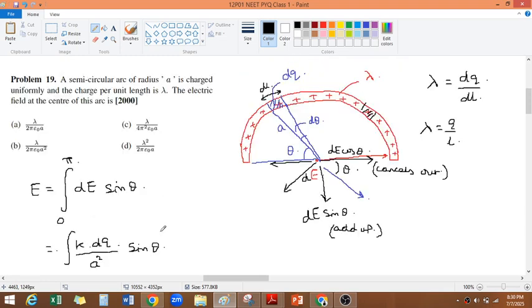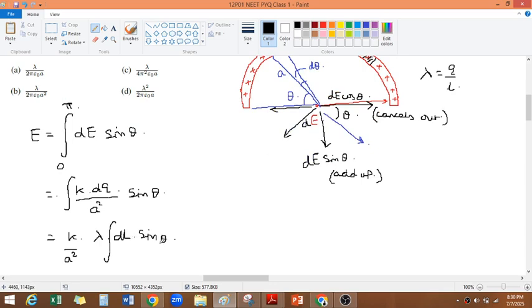But dl, how can I write dl in terms of d theta? Remember all this. If you have x squared here, you have to have dx here, only then you can integrate it. If I have x squared and dy here, I cannot integrate it. Then either you have to replace y in terms of x or x in terms of y. Okay?